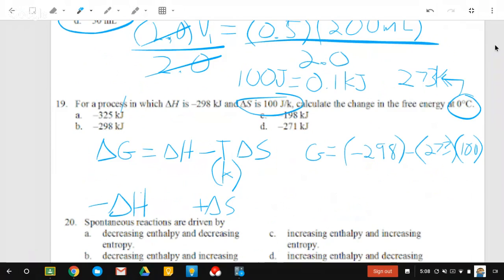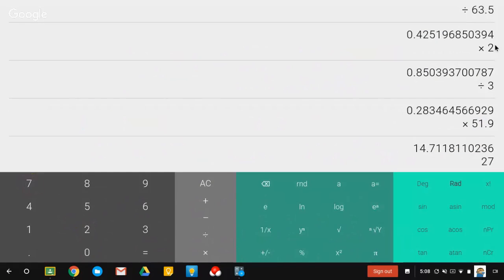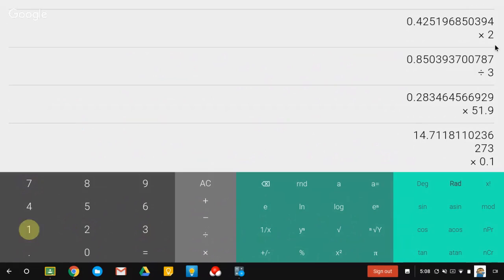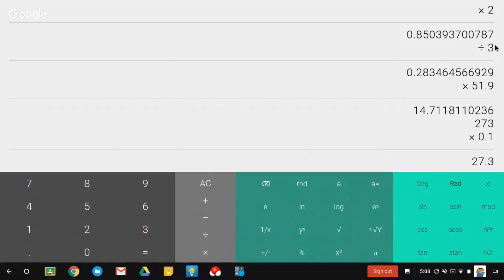So instead of plugging in 100, it's 0.1. So now this might actually make sense. So negative 298 minus 273 times 0.1. So 273 times 0.1, you guys might know it already, just 27.3.